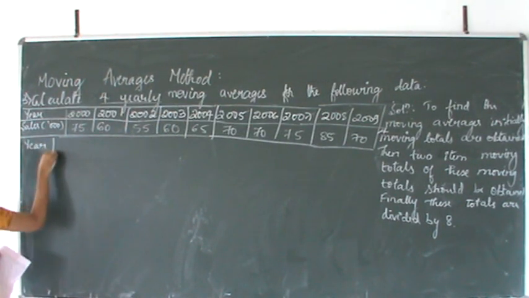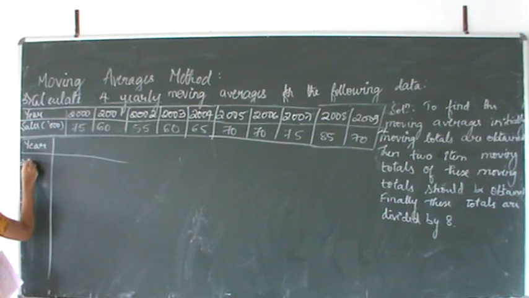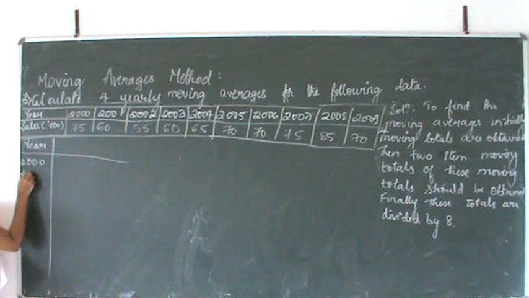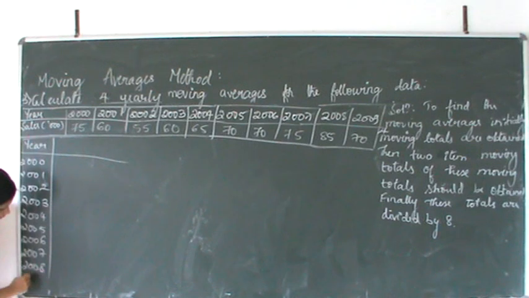See, first the values are here: 2000, 2001, 2002, 2003, 2004, 2005, 2006, 2007, 2008 and 2009.